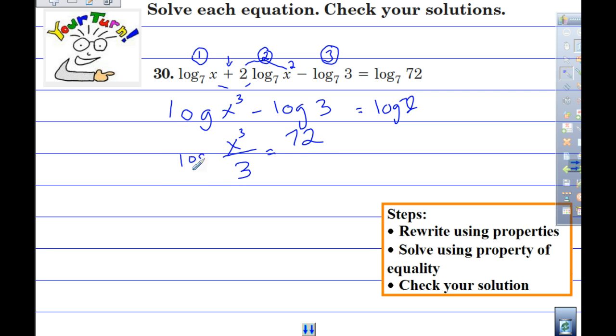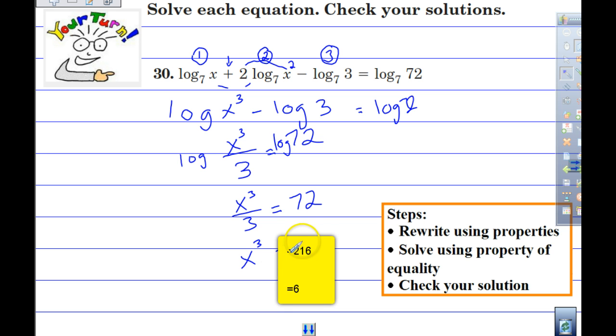Okay, and we can solve that. Well, let's do the best of what we got right now.